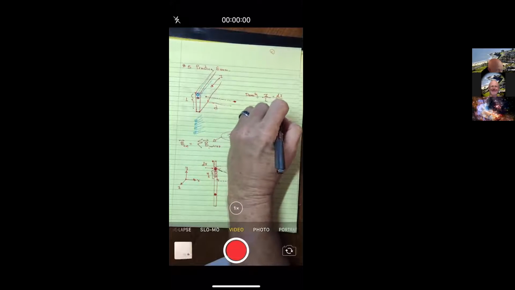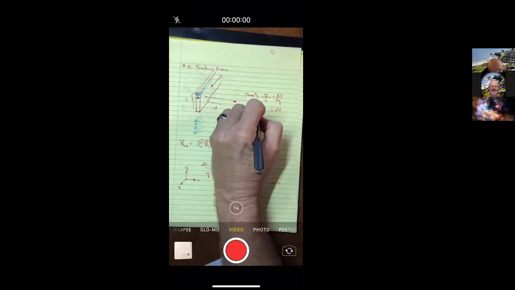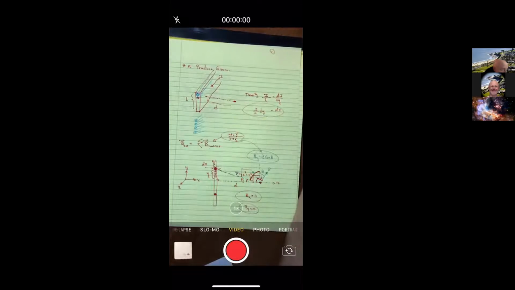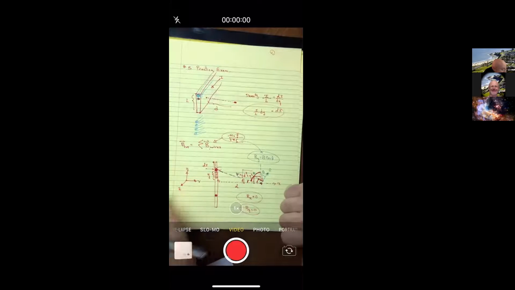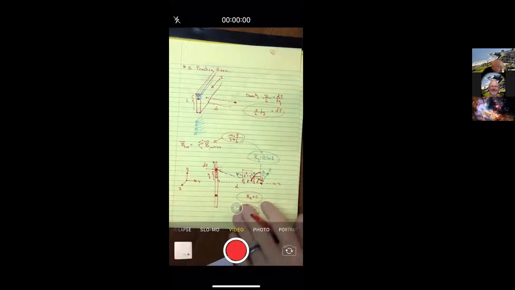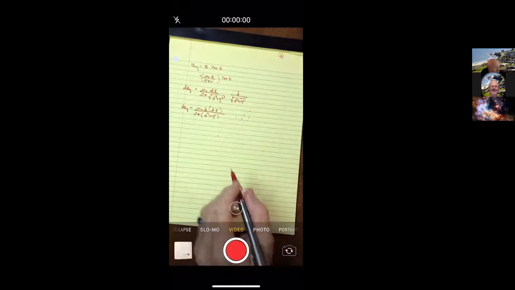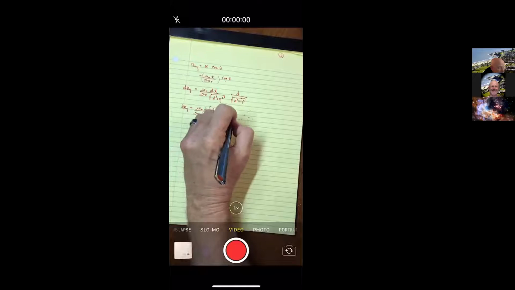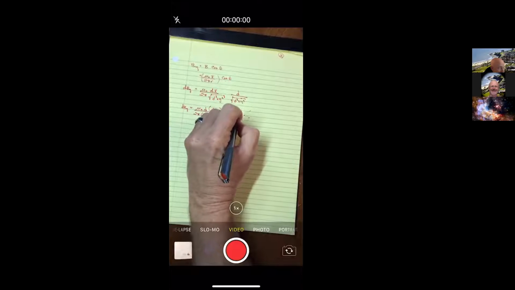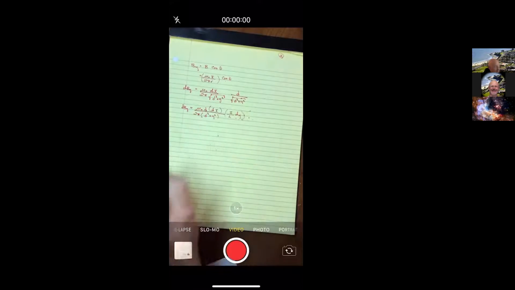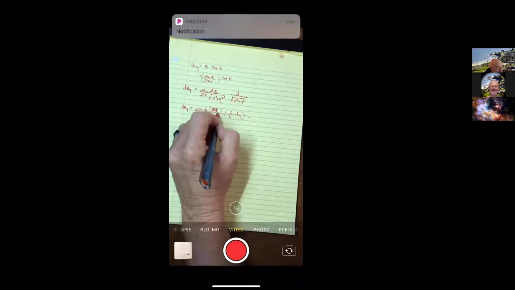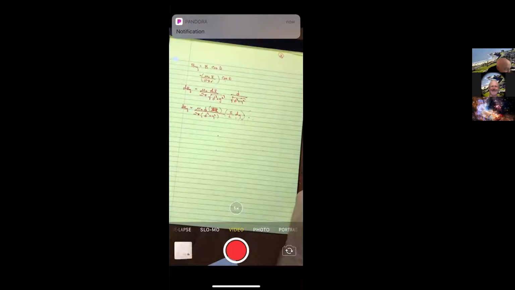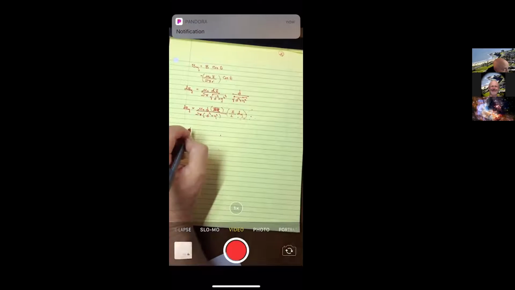So that means I can write a little bit of current as I over L times dy. Coming back here to page 2, I'm going to write this di as I over L dy. That's this di, so I'll just cross out that di and put what's equal to it.